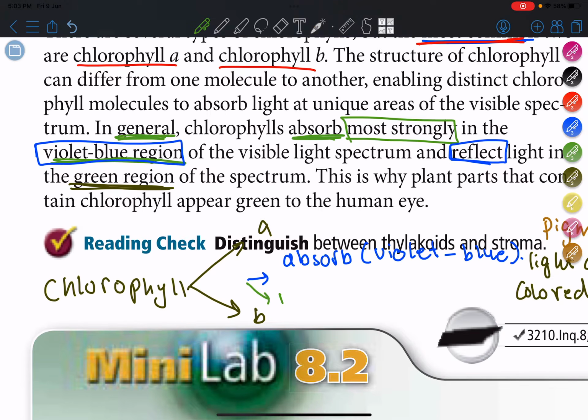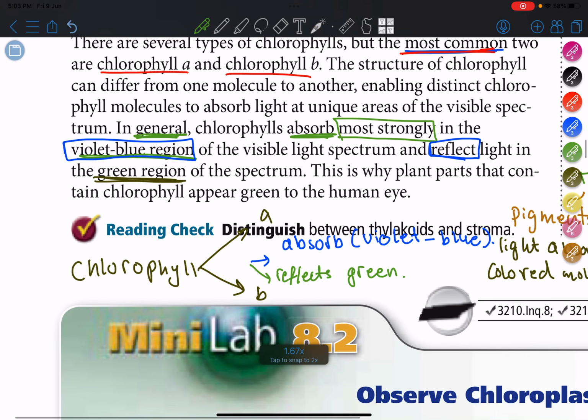When we say reflect, it means what we see. If you remember, when you look at leaves of plants, most of them are green. That is because the chlorophyll reflects green. This is why plant parts that contain chlorophyll appear green to the human eye.